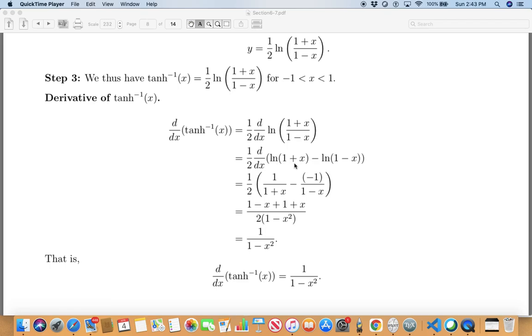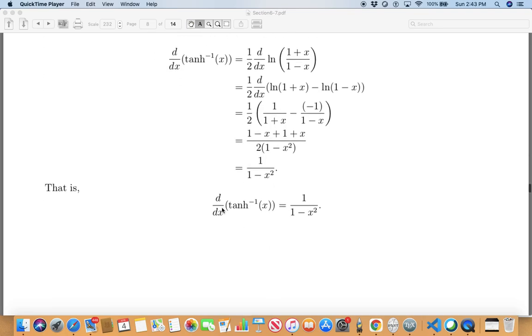Half the derivative of this, 1 by 1 plus x, and the derivative of this, 1 by 1 minus x with a negative from there. So that overall becomes a plus. Simplify the denominator: this times this is this. When you look at the numerators, the x's get cancelled. I'm left with 2. That cancels the 2. 1 by 1 minus x squared. So the derivative of tan hyperbolic inverse x is 1 by 1 minus x squared.